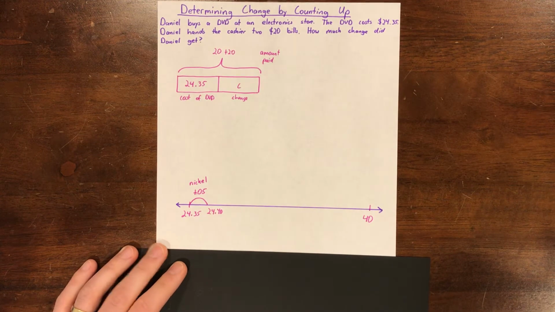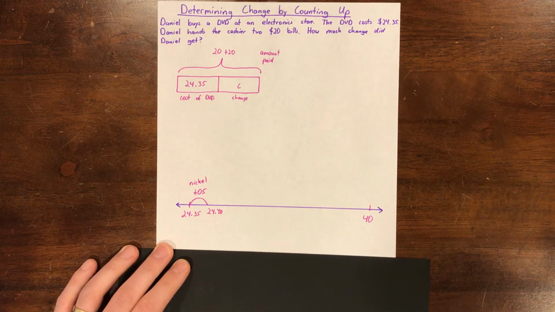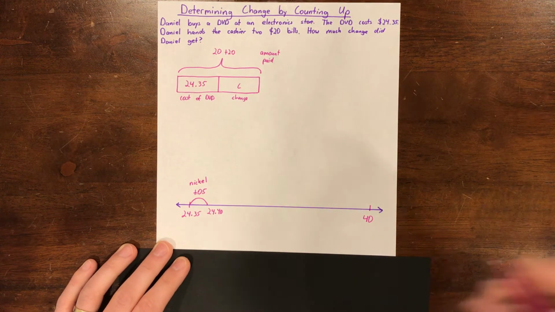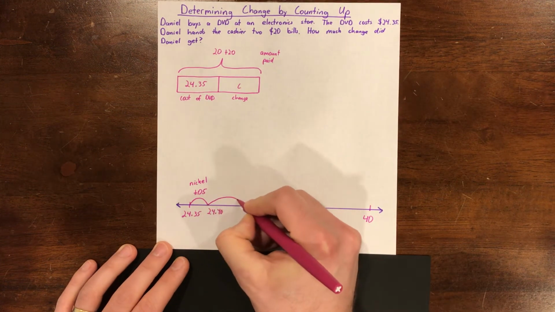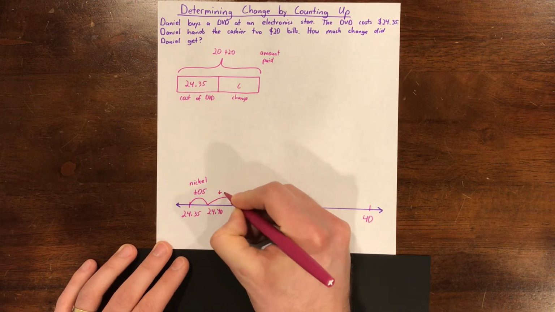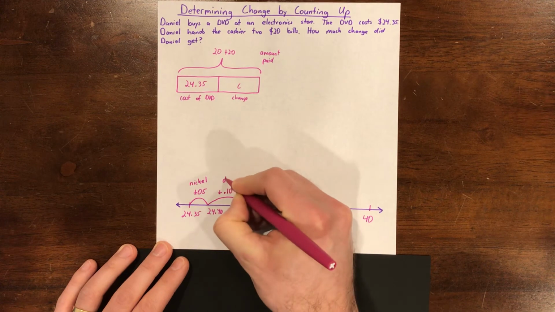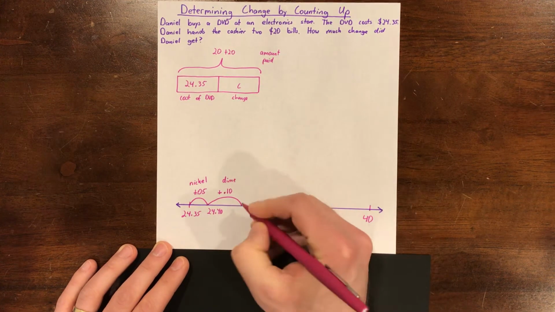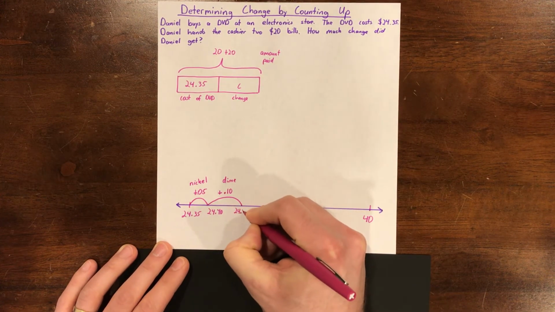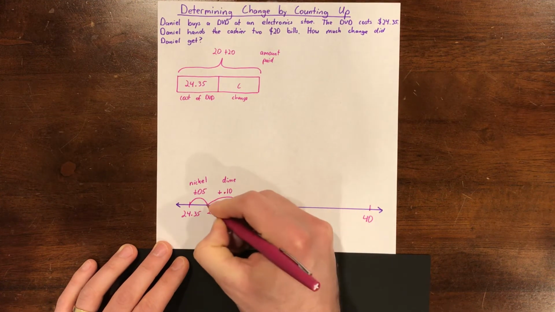Okay, great. What would come next and why? Go ahead and say it out loud. Yeah, another good jump then could be a dime, which is worth 10 cents, right? That's going to get us up to $24.50 right here.